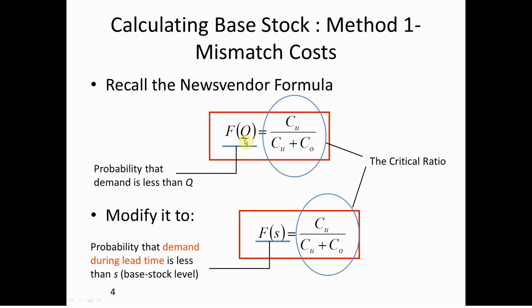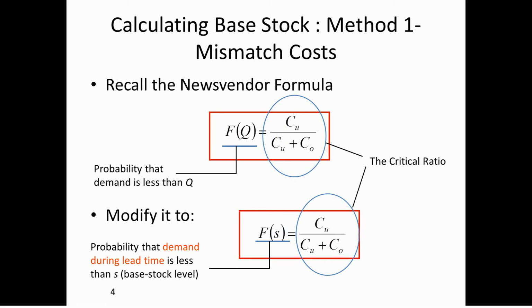And then what we did to figure out Q is we looked at the inverse distribution. So this would be the probability that demand is less than Q, that we run out. And we found that this was the balance point. And so if it was normally distributed, we'd look at the inverse normal to find out what value of Q gives this value for a probability.